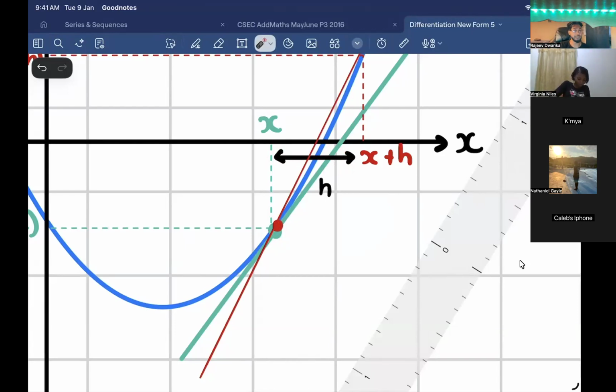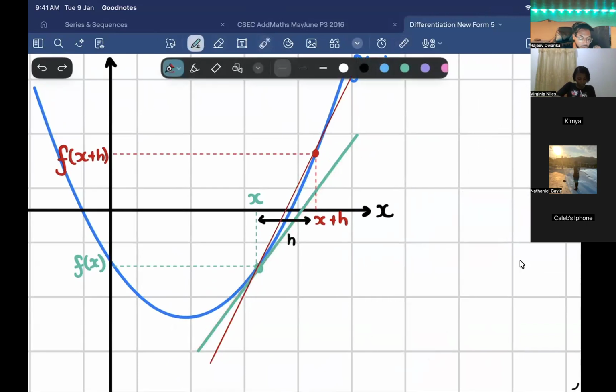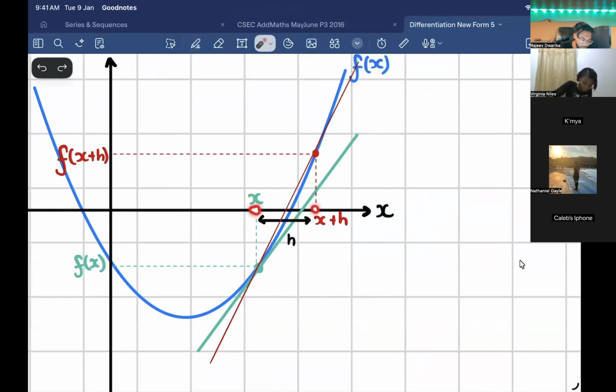Do you understand that if I take the red point and put it on top of the green point, the distance between them will be zero? At that point, wouldn't I get the actual gradient that I want? Yes. So as the distance between the two points approaches zero, what happens to the gradient?